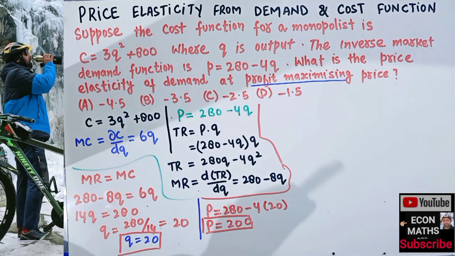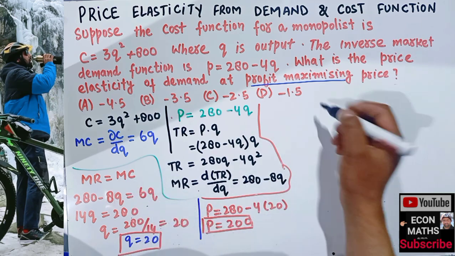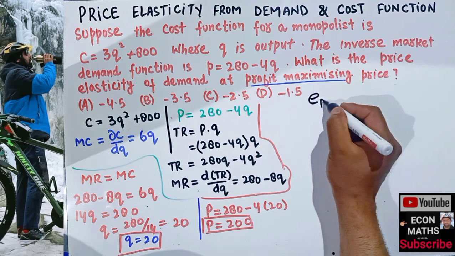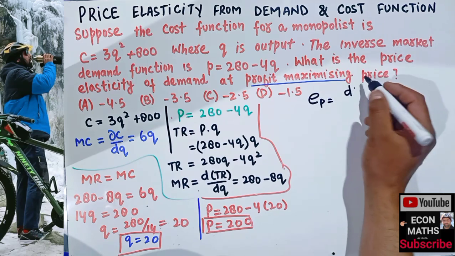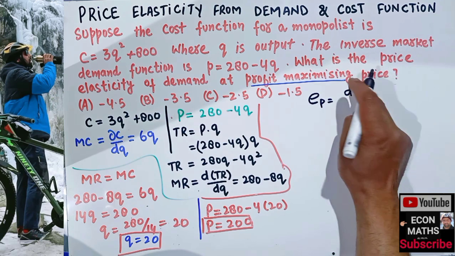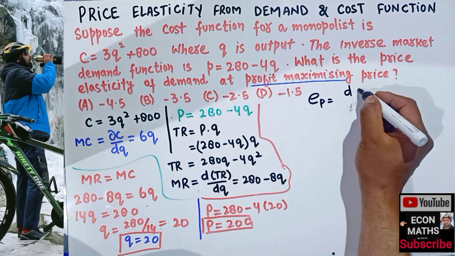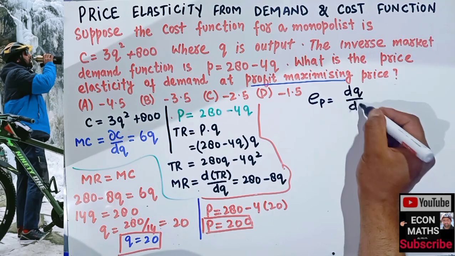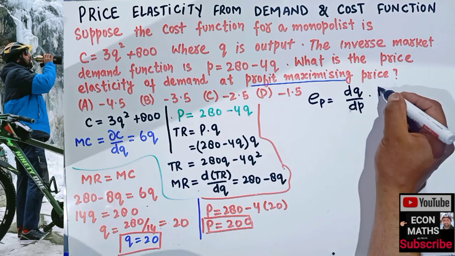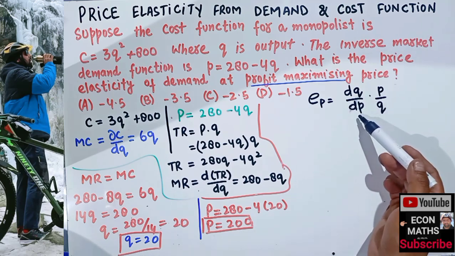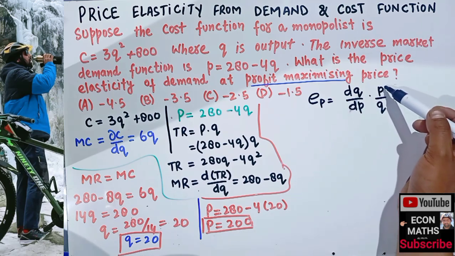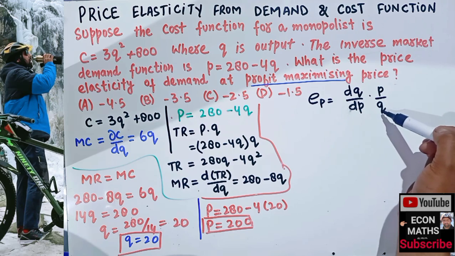Now we are in a position to calculate the price elasticity of demand. Simple formula: price elasticity of demand is the derivative of the demand function, dQ/dP, into P/Q. So it is the derivative of the demand function with respect to price times the profit maximizing price divided by the profit maximizing output.